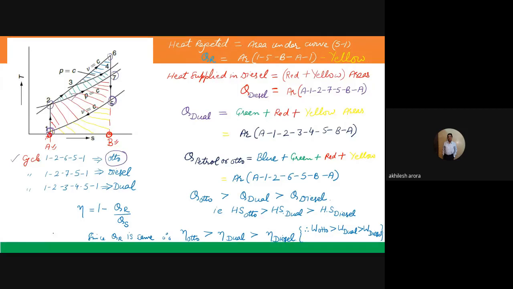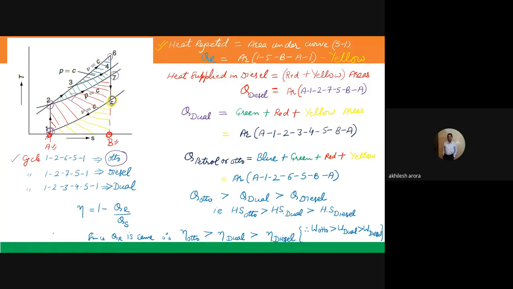Now let us look at the top right side where it is written heat rejected. Now during which process are we rejecting the heat in case of all these three cycles? It is the process 5 to 1. This is point number 5, this is point number 1. You can see the arrow is from right to left.